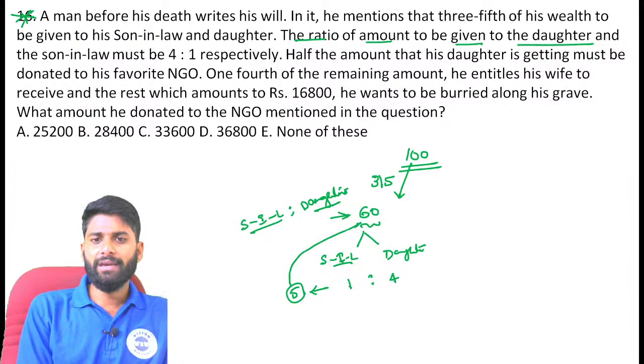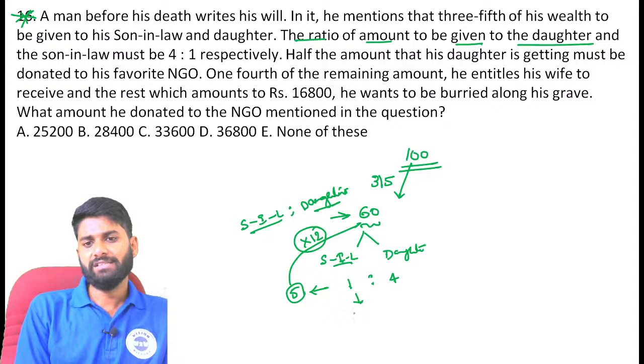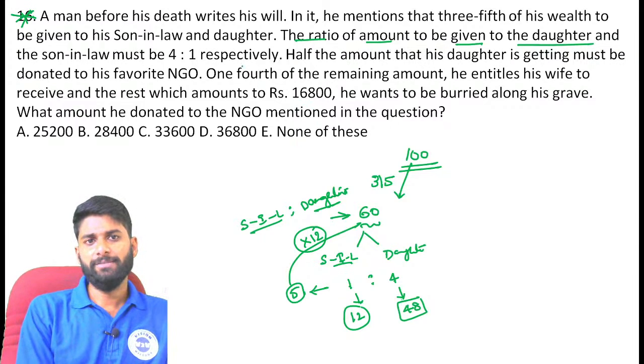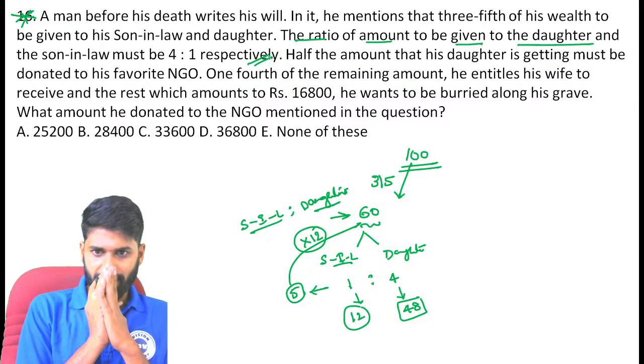Now see, 5 becomes 60, so each unit is equal to 12 parts. That means the son-in-law got 12 units, and the daughter got 48 units. Now read the information again. So up to the first 3 lines we have completed that.